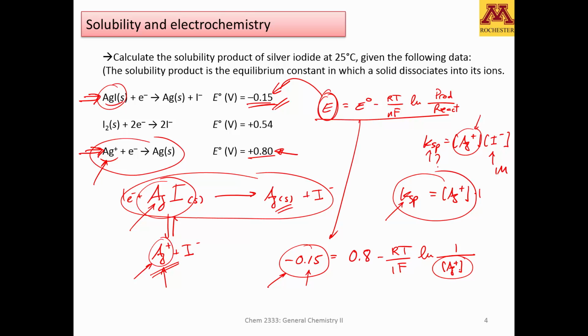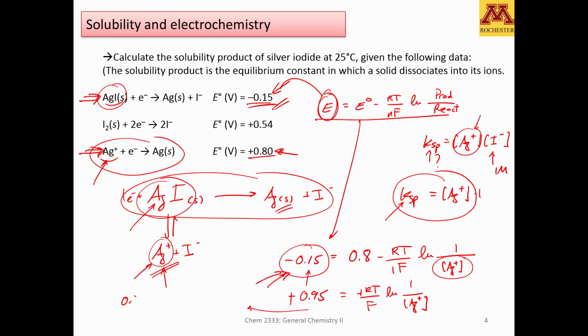So let's find the concentration of silver in this saturated solution. Why is it saturated? Well, because we actually have a 1 molar solution of iodide, there has to be a much lower concentration of silver. Therefore, this will be negative 0.95 equal to negative RT divided by F, logarithm of 1 over silver positive. Okay, and now I'm going to continue on this side.